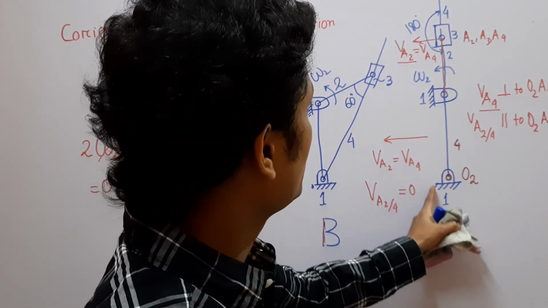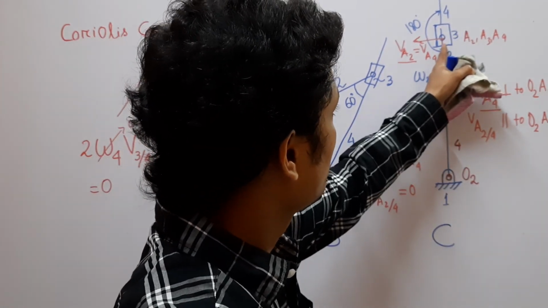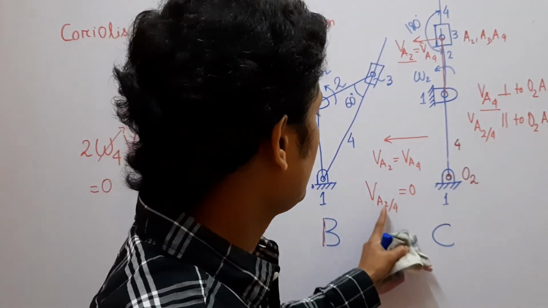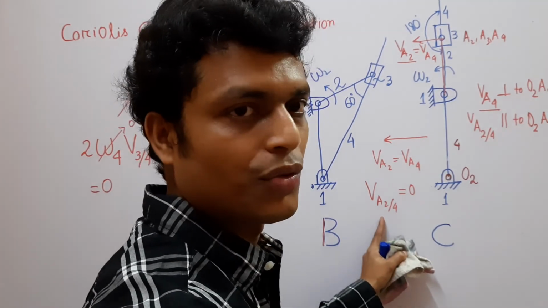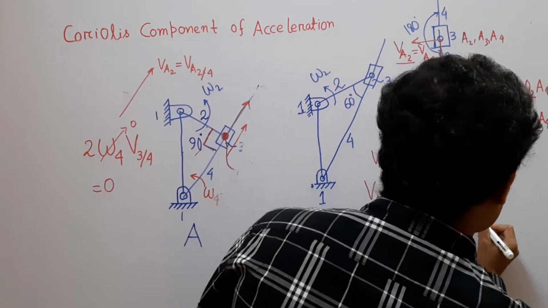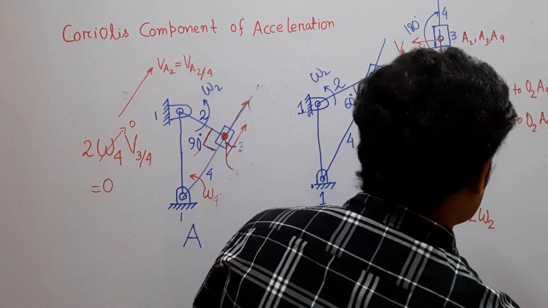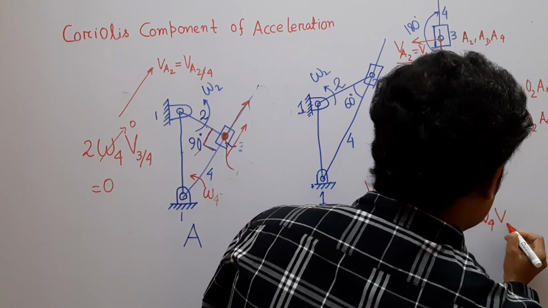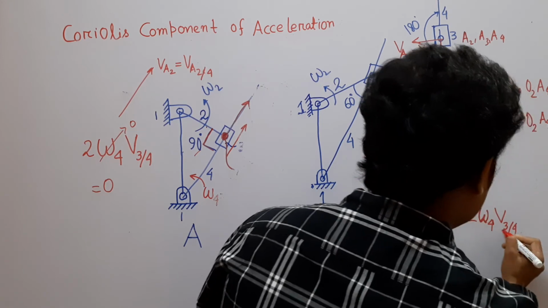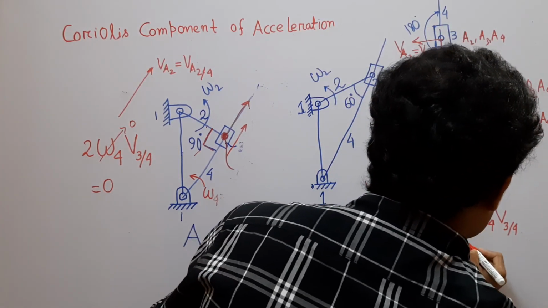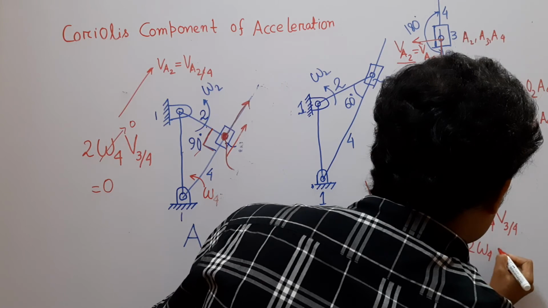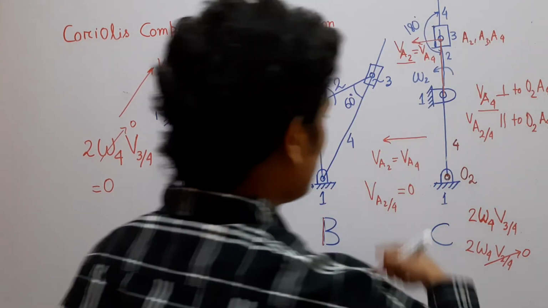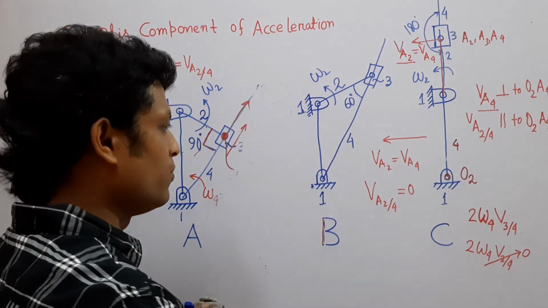So at this instant, when the crank and the oscillating link 4 are overlapped on each other, the sliding velocity is 0. So 2 omega 4 V3 by 4, where 3 by 4 is nothing but V2 by 4. So the Coriolis component is omega 4 V2 by 4. Here V2 by 4 is 0, so the Coriolis component at C is 0.